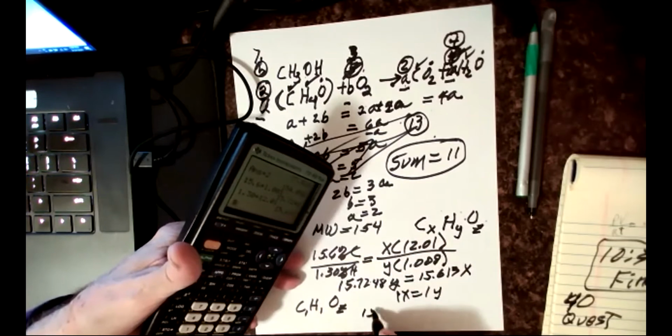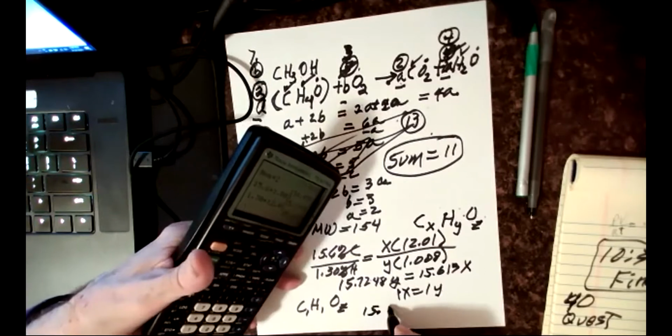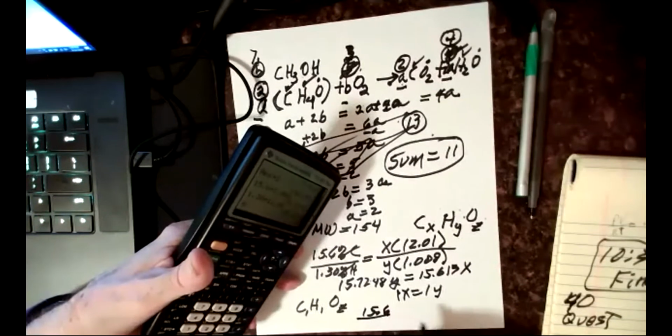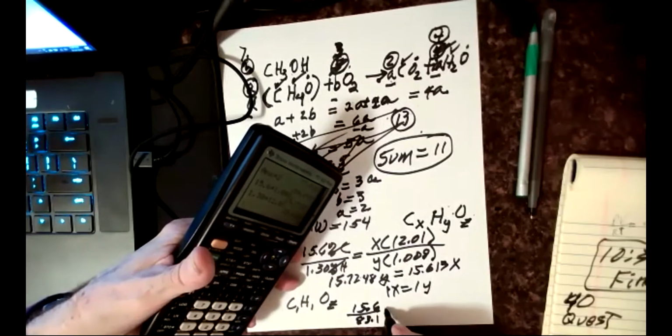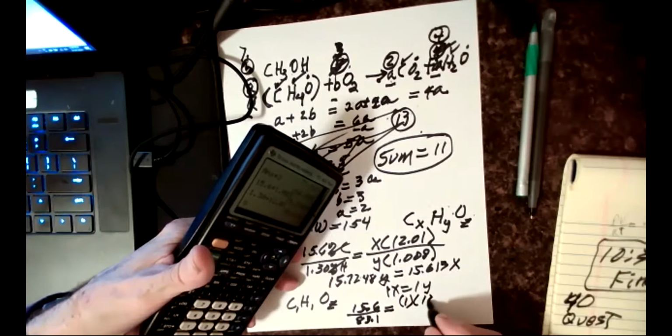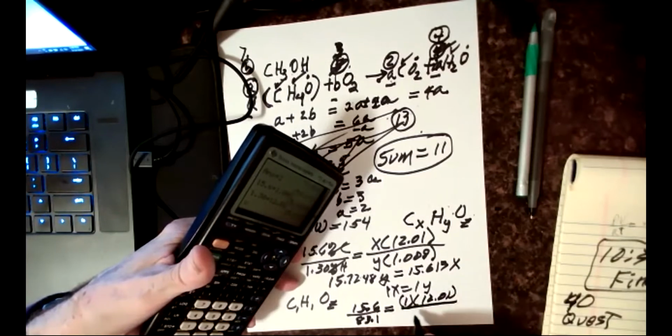Now if I ratio carbon to oxygen, we can get that one. We want 15.6 for the percent of carbon. Percent of oxygen is 83.1. The number of carbons is 1, atomic weight is 12.01. The number of oxygens is Z, and the atomic weight of oxygen is 16.